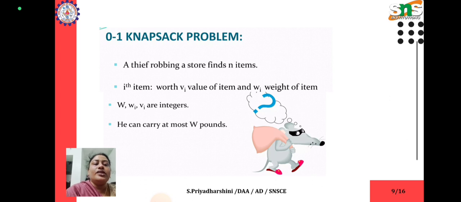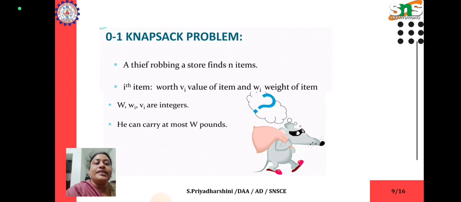So let's see the difference between 0/1 knapsack and fractional knapsack. A thief, consider a thief robbing a store finding n items. The ith item has worth Vi, the value of the item, and Wi, the weight of the item. W is the knapsack capacity, the weight of the bag.